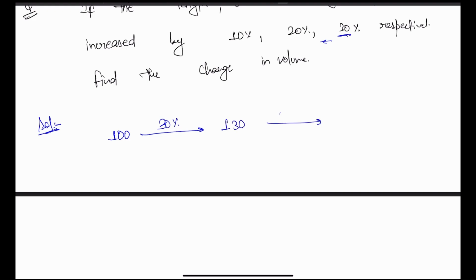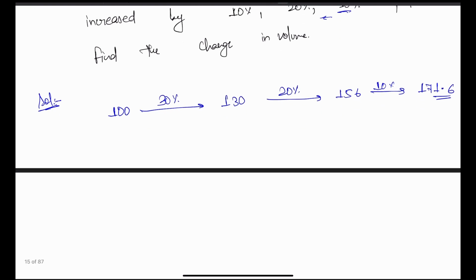If you increase 20%, 13 into 12, so 156. And then if you increase 10%, 10% is 15.6, so 156 plus 15.6 is 171.6.